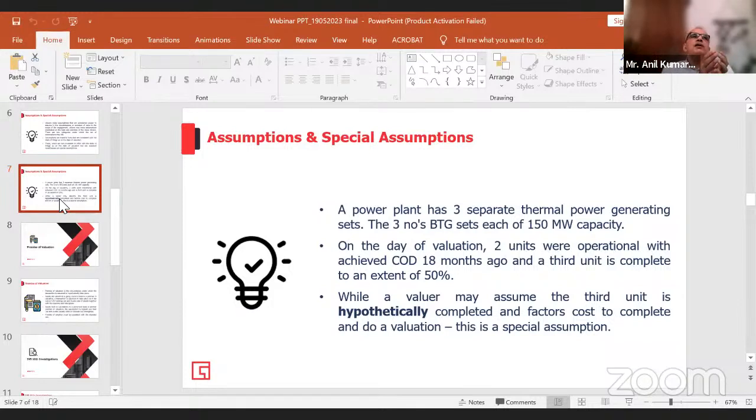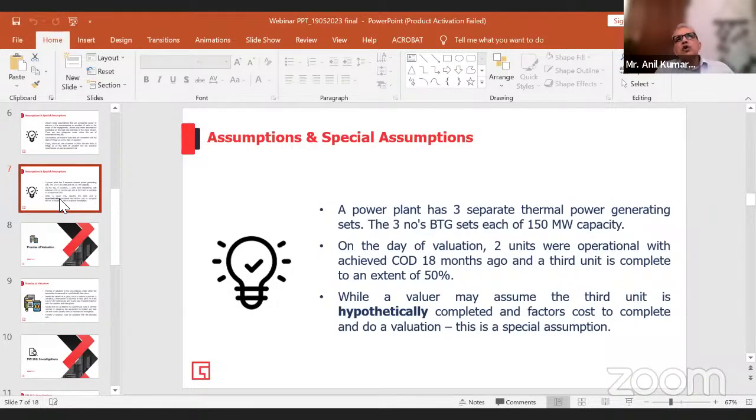So I assume, using a special assumption, that a transaction is hypothetically assumed in which the plant will be completed, and whatever fair market transaction is taking place is on the basis that the plant has been completed.